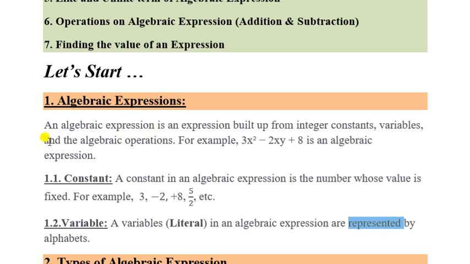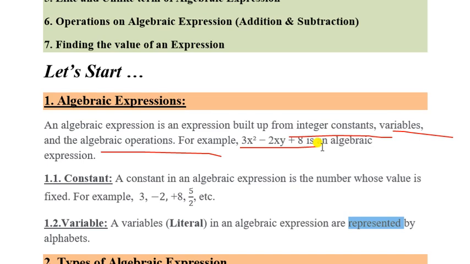See here written, an algebraic expression is built up from integer, constant, variable and algebraic expression. For example, you can see here 3x square minus 2xy plus 8. This kind of form you will get in algebraic expression, and we will get factor, coefficient, like, unlike, all from this algebraic expression.